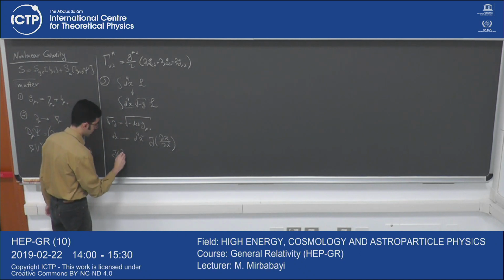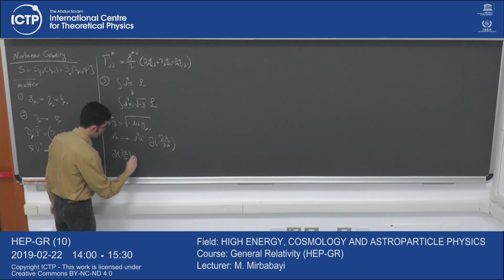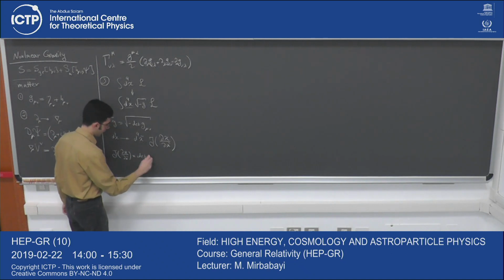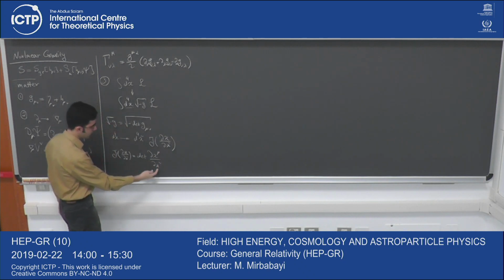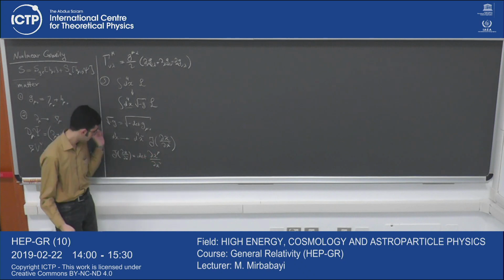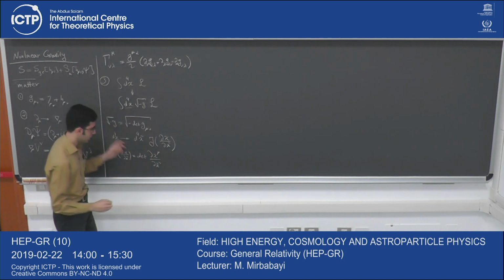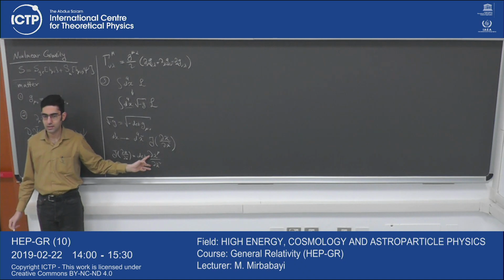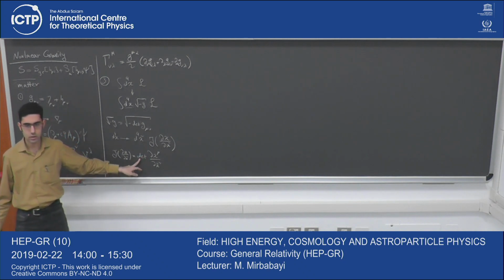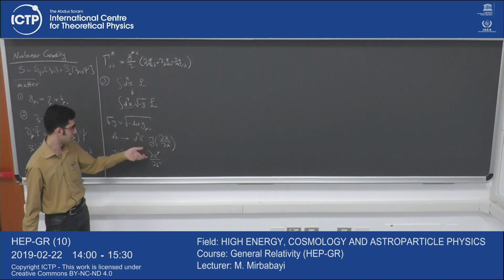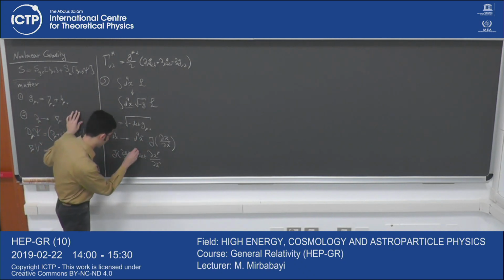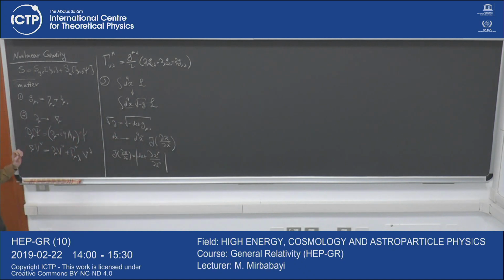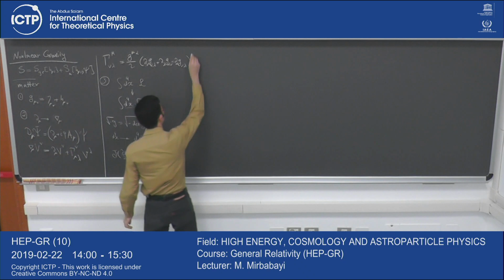So this Jacobian of dx with respect to dx tilde is just a determinant of dx mu over dx tilde. This is a 2-index object, a 4x4 matrix. We take the determinant of this matrix, and the absolute value of that determinant is the Jacobian. And that's how the measure changes.